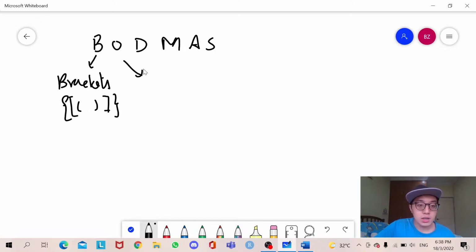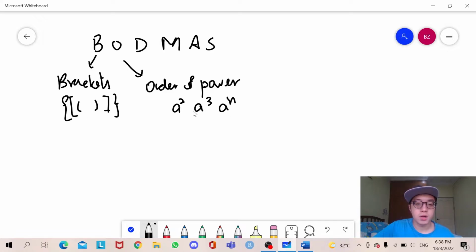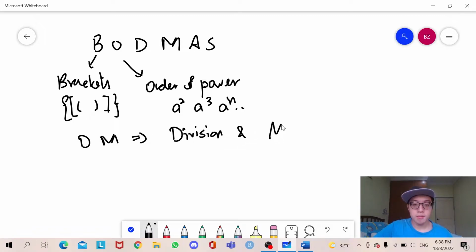O stands for order of power, which means something like a to the power square, a to the power cube, a to the power n, and so on. D and M stand for division and multiplication, and these two can work at the same time from left to right.